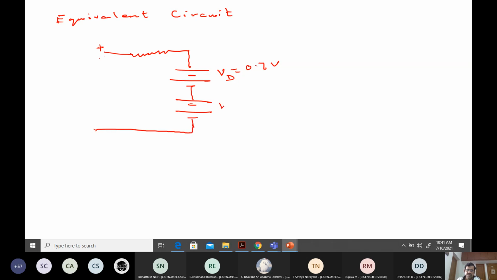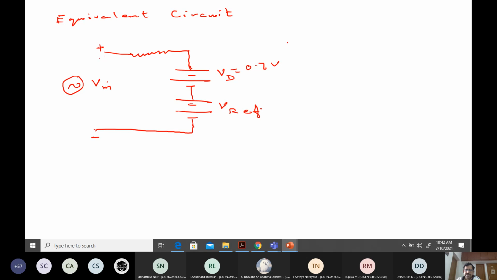This is my V reference, and this is my V input. In the positive half cycle, the diode will start to conduct, and the negative cathode is connected to V reference.